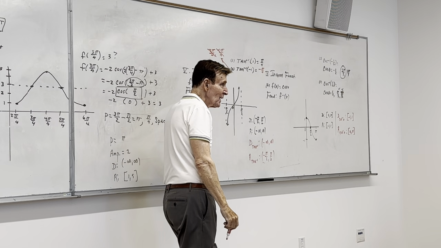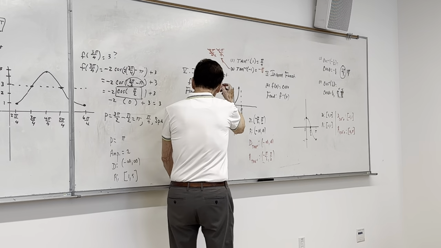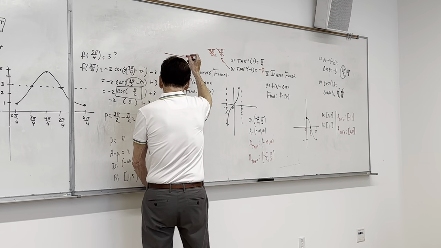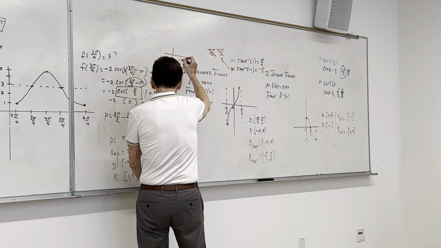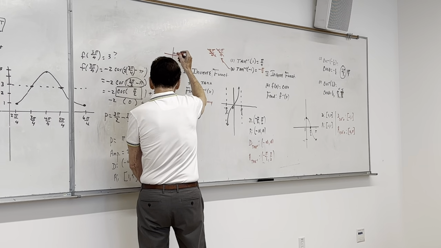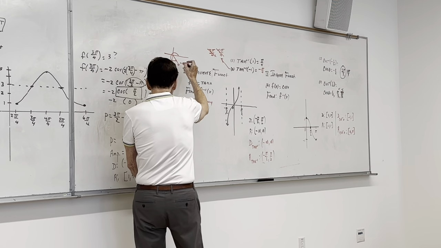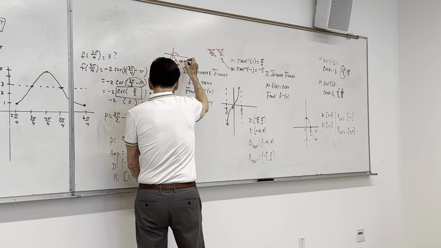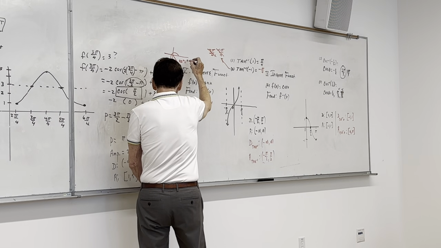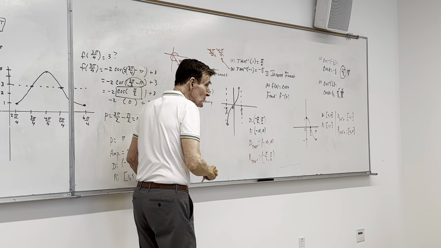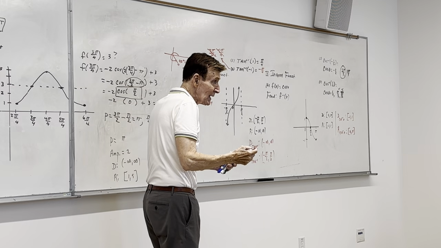Is that tricky? Now, let's take a look at the 315, for example. 7 pi over 4. Guys, it is here in quadrant 4 with a reference angle of 45 degrees or pi over 4. That's 315.